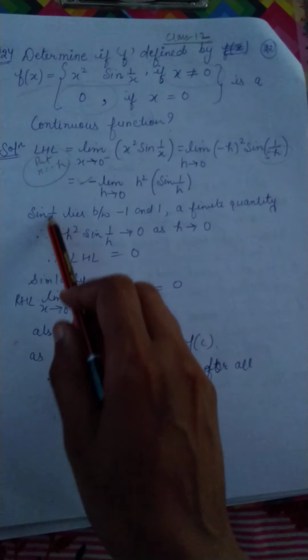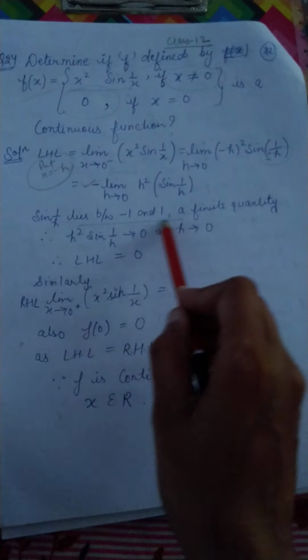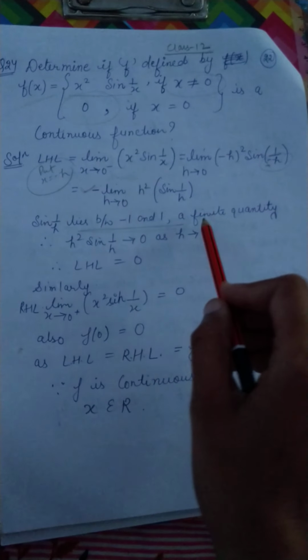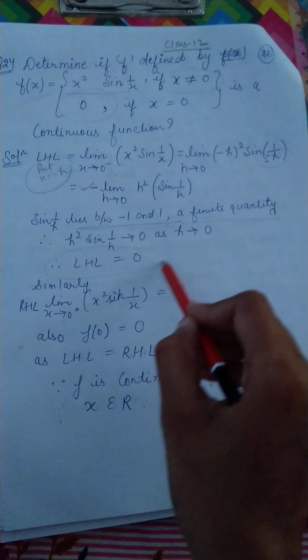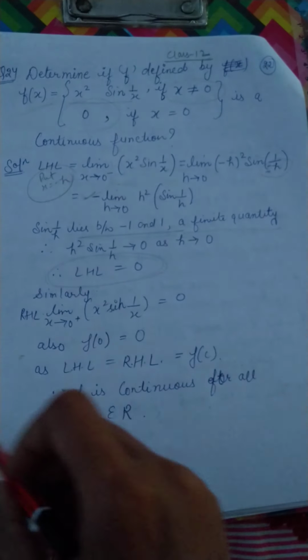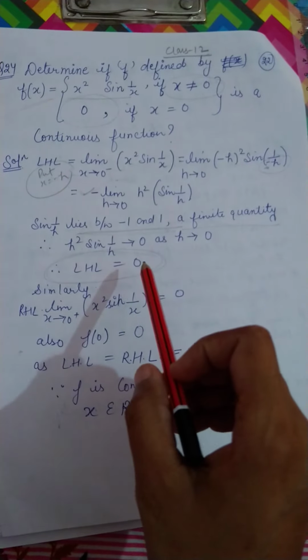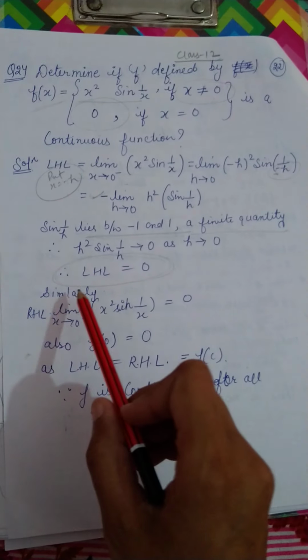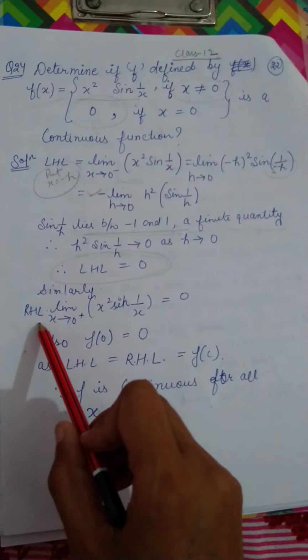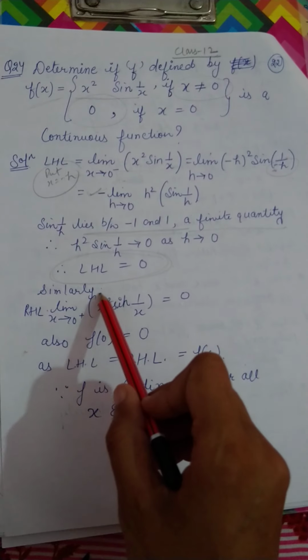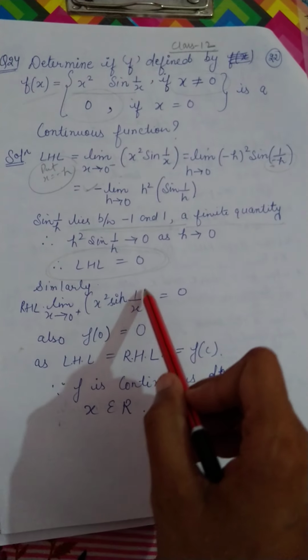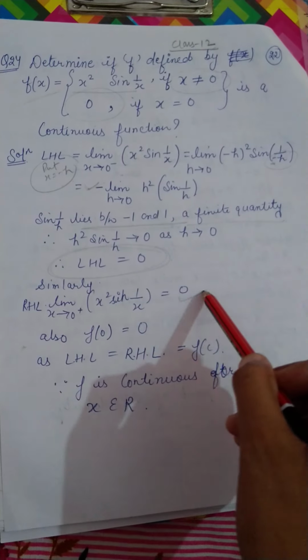Now since 1 upon h lies between -1 and 1, a finite quantity, therefore our LHL value will be 0. Clear beta? Our LHL value will be 0. And similarly, in the case of RHL, limit x tends to 0 positive, x square into sin of 1 upon x will also be 0.